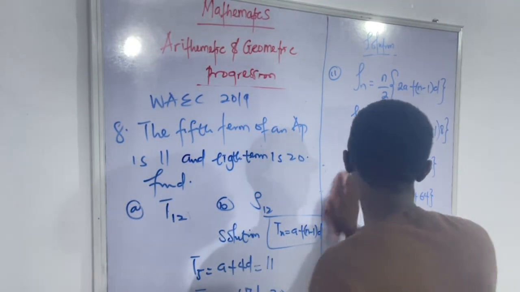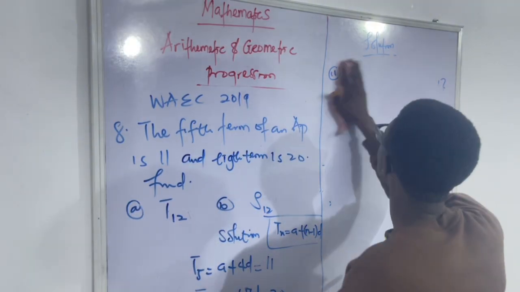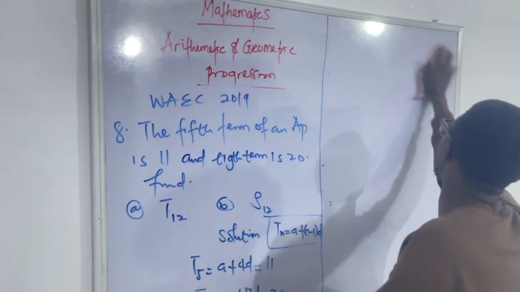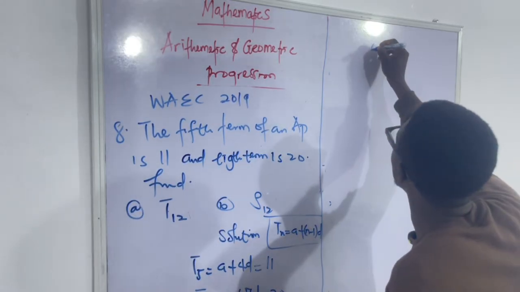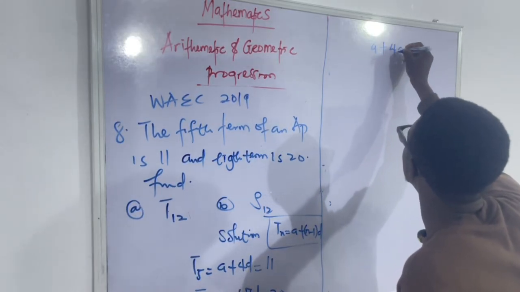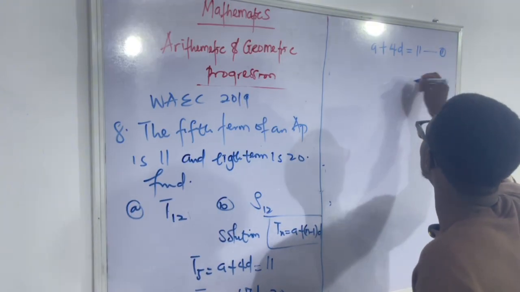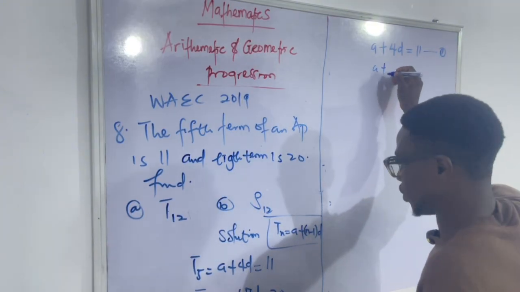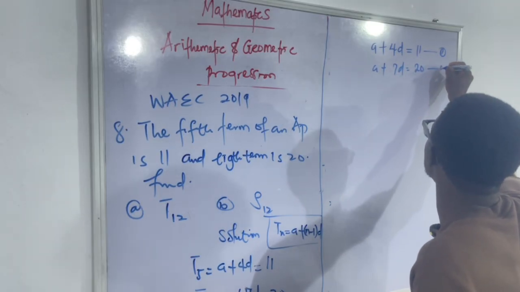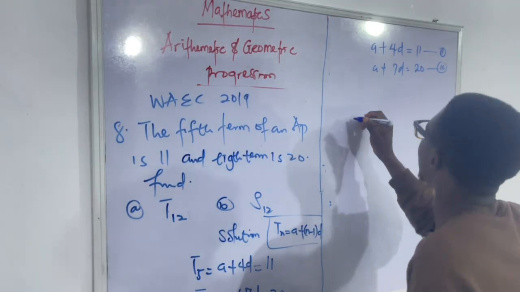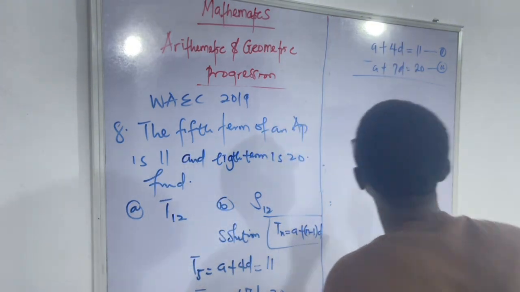Then we need to solve simultaneously. Okay. So now A plus 4D equals 11, equation 1. A plus 7D equals 20, that's equation 2. Then we need to subtract the smaller from the bigger.